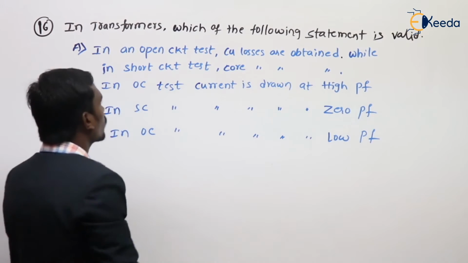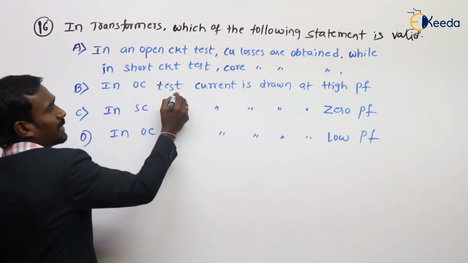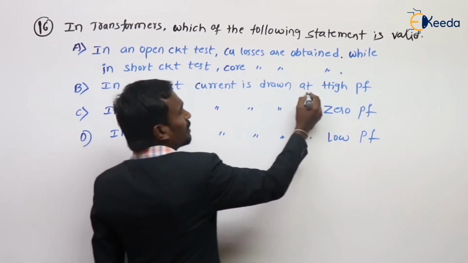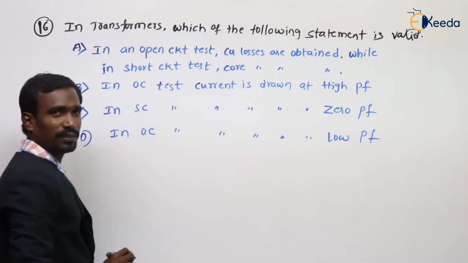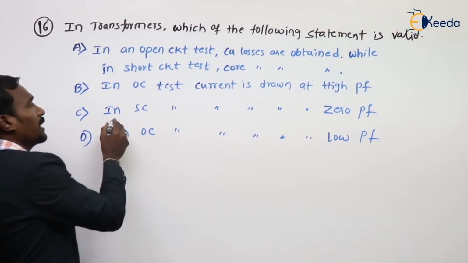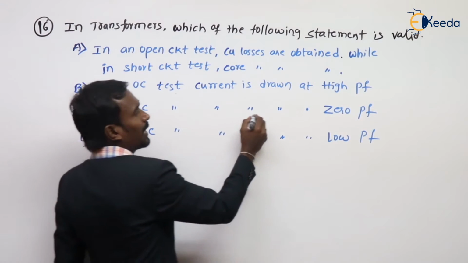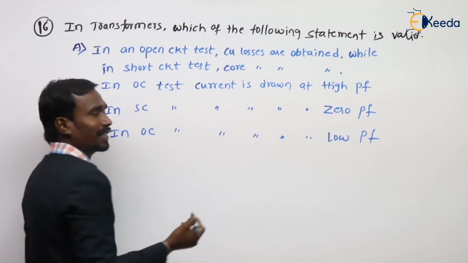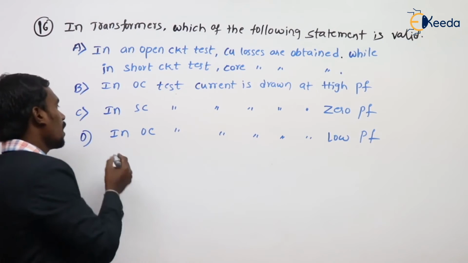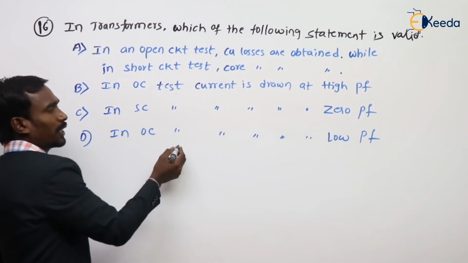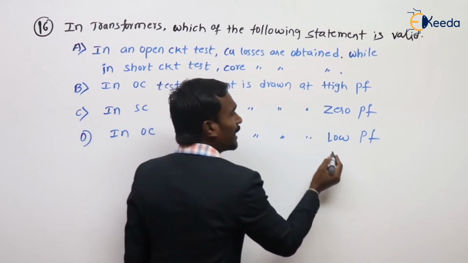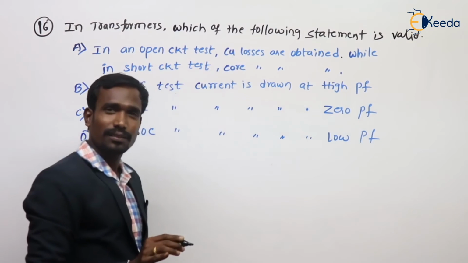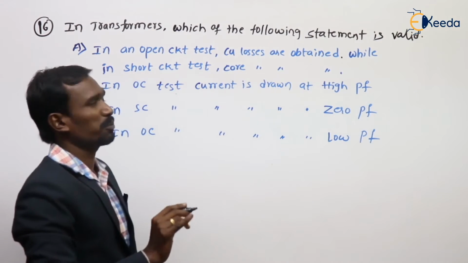Option B: in open circuit test, current is drawn at high power factor. Option C: in short circuit test, current is drawn at 0 power factor. Option D: in open circuit test, current is drawn at low power factor. These are the four options.